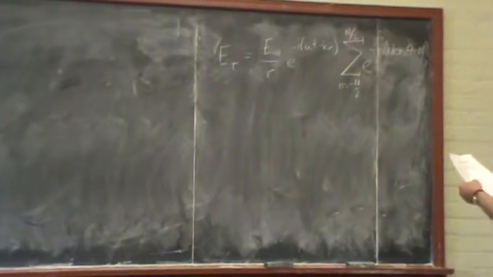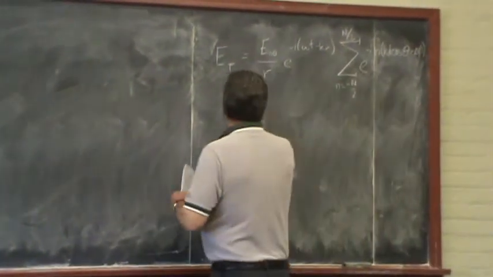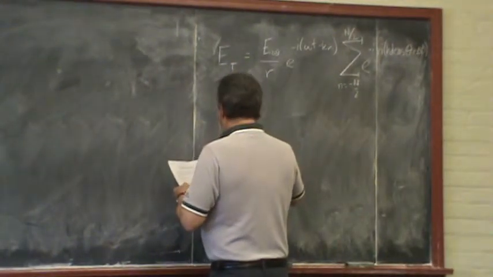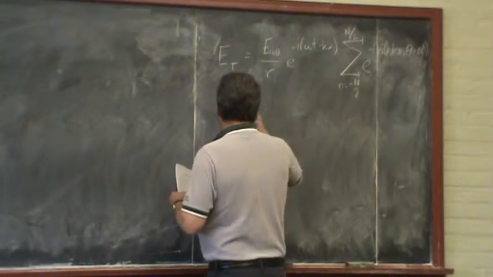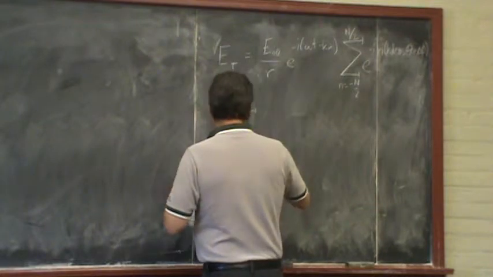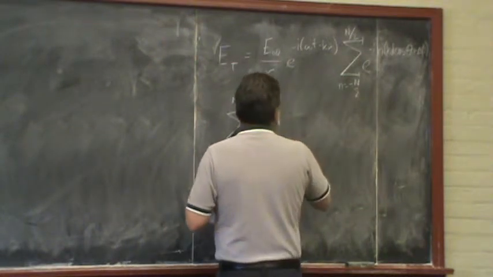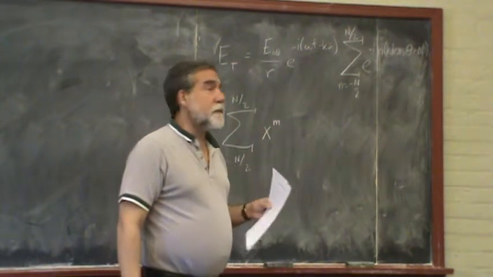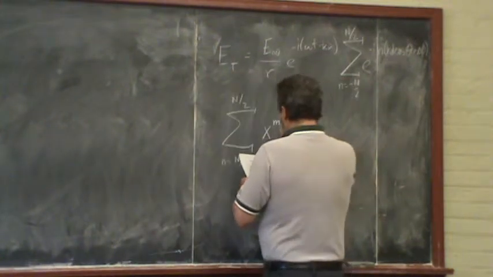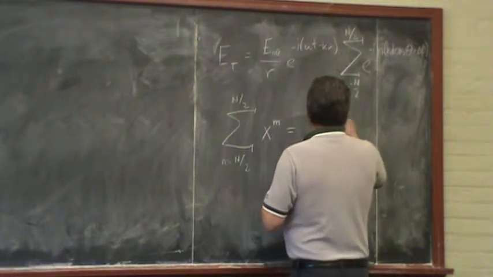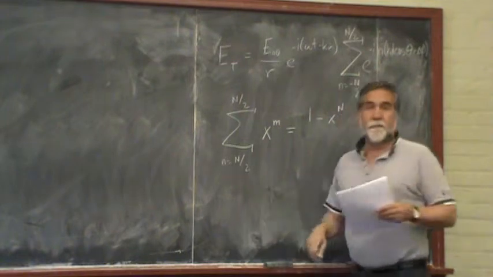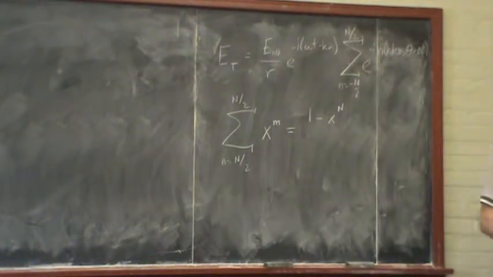And here's what we can do. The sum from n equals minus N over 2 to N over 2 of x to the n is a geometric series. I'm just wondering what limits.